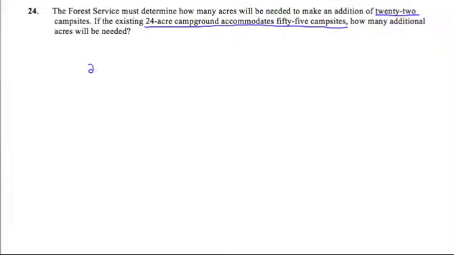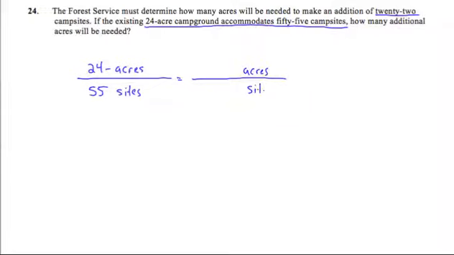So let's see, 24 acres to accommodate 55 sites. Now, over here, we want to make sure we are consistent and say acres and sites. So let's see. Let's go back to the problem. So they want to make now 22 more campsites.